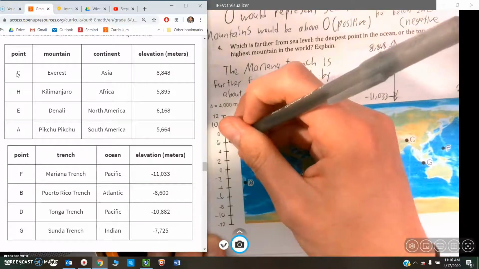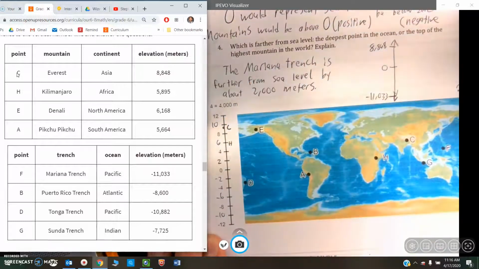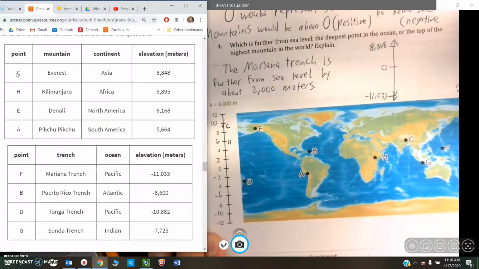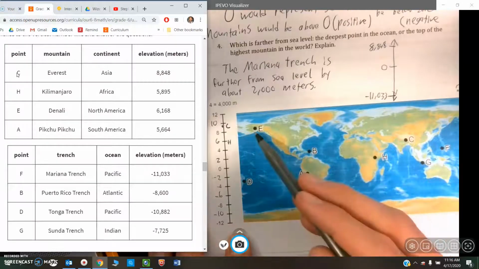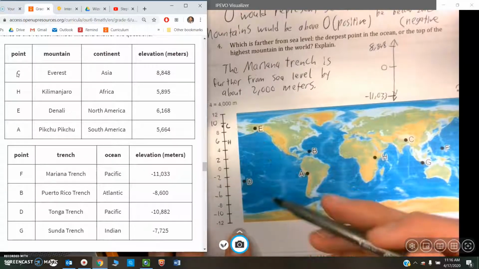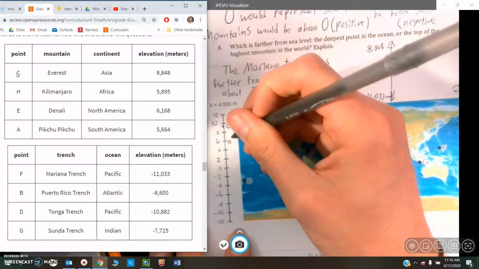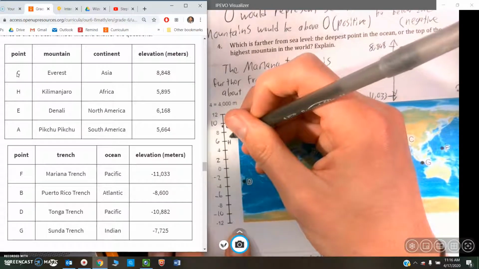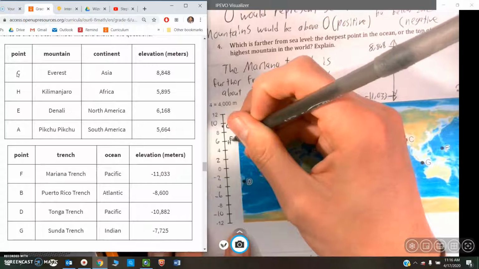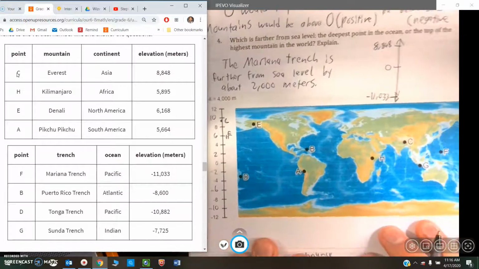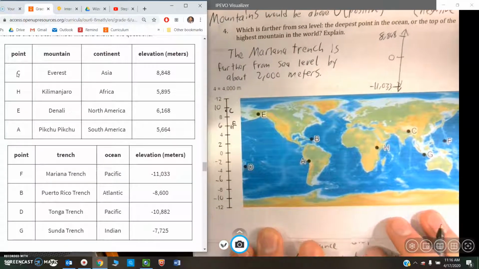So I'll put it just at or a little bit below the 6,000 meters. Denali is E, over here, a little bit above Kilimanjaro.